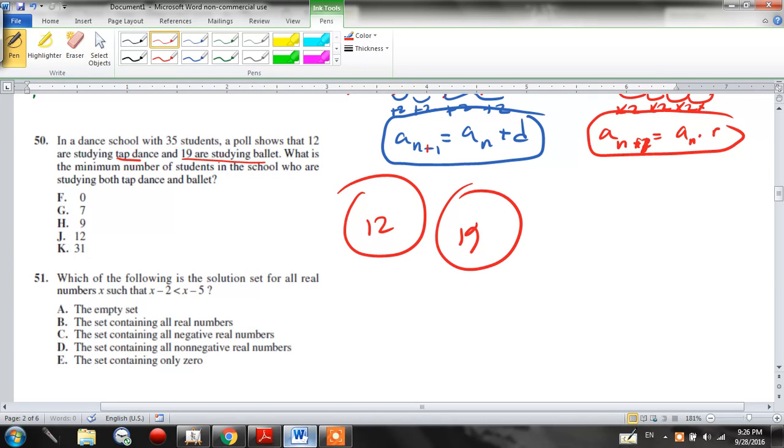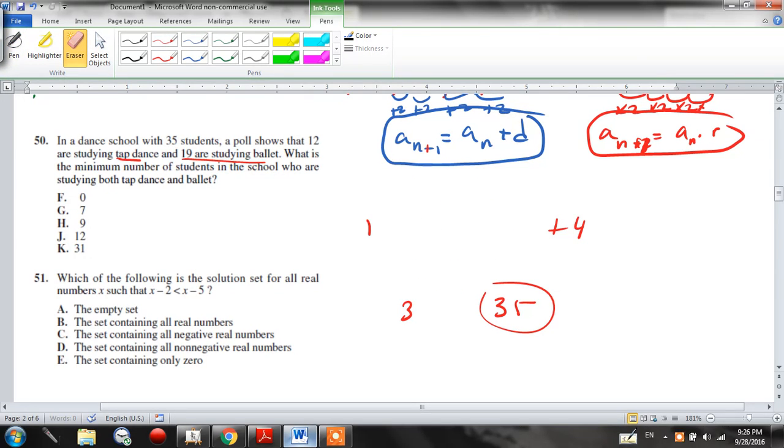So 19 plus 12 is 31. But there are 35 total students, and then there are 4 other students that could be doing whatever they want to do. Since these two add up to less than the total number of students, they don't have to overlap at all. So the answer is 0.